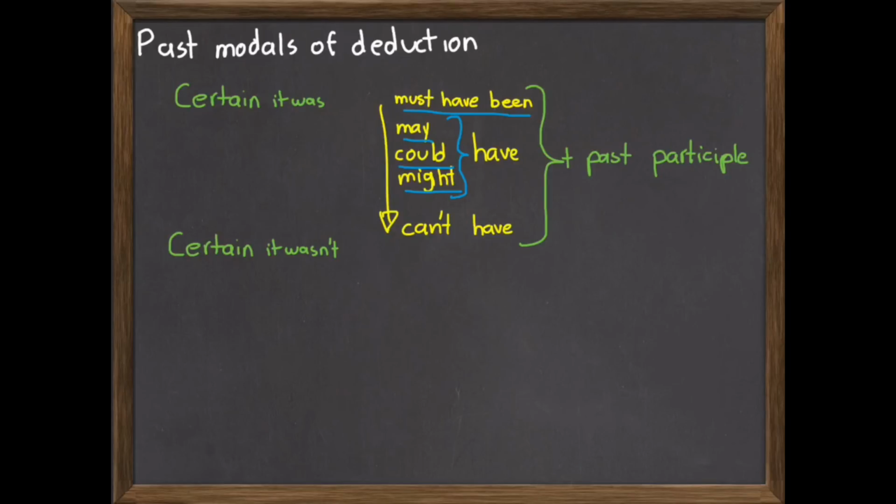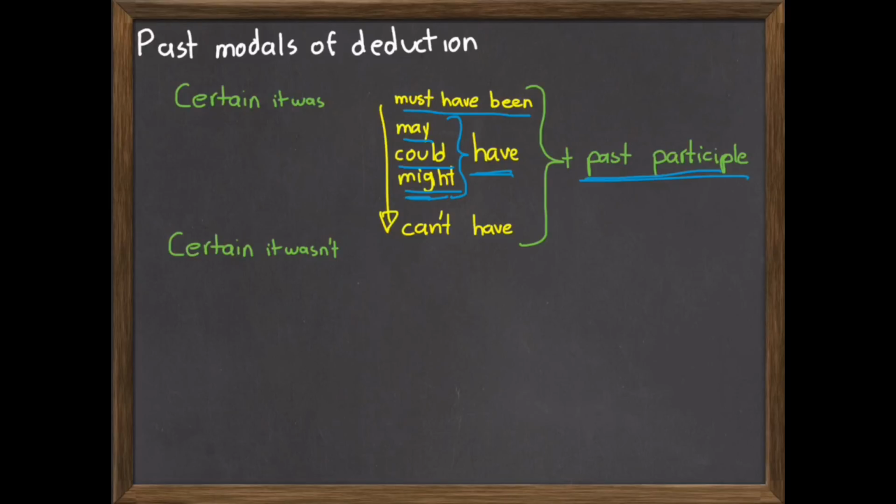I forgot, we also use the past participle after have. So the words may, could, or might, then have, and then the past participle. Again, the objects could have been used for religious purposes.